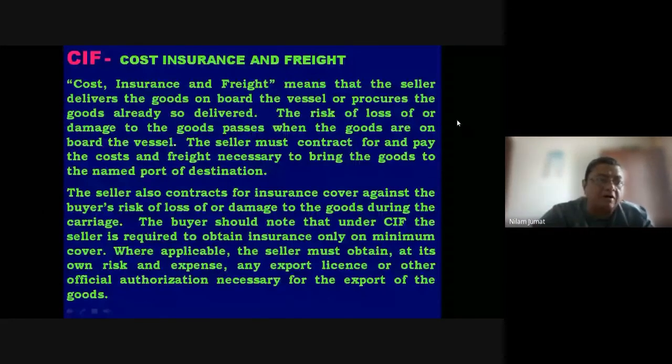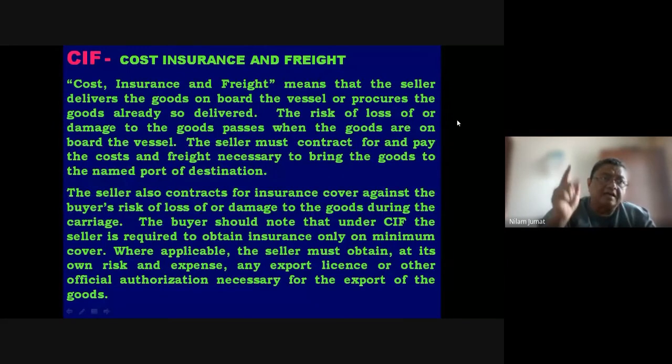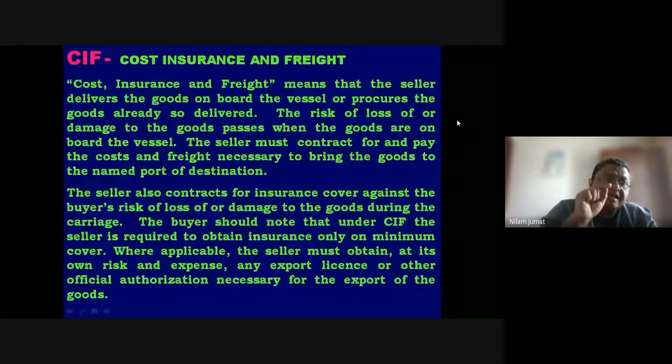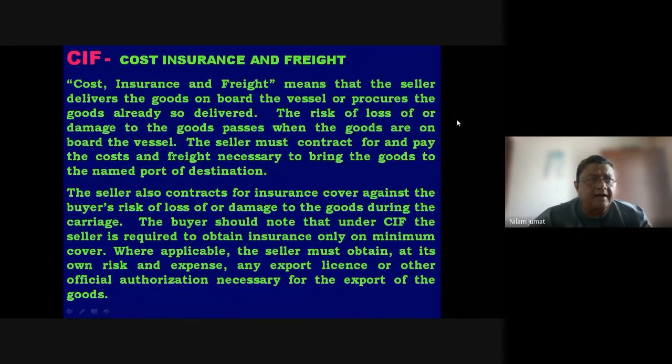But he does not cover insurance, right? But in CIP, he pays the freight. Same delivery point, container yard at Kampala. After that, risk transfers to the importer, and he pays the freight from Kampala to Riyadh, and also takes insurance from Kampala to Riyadh.